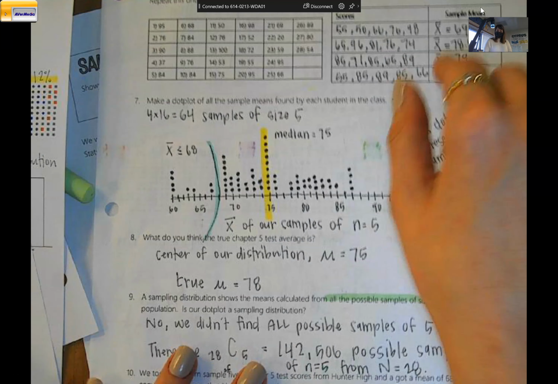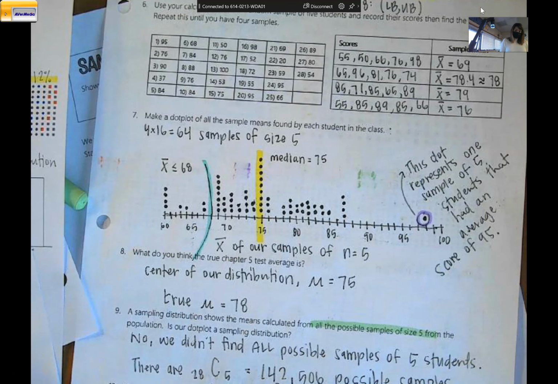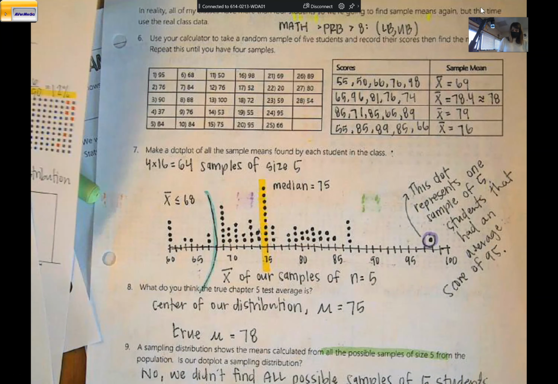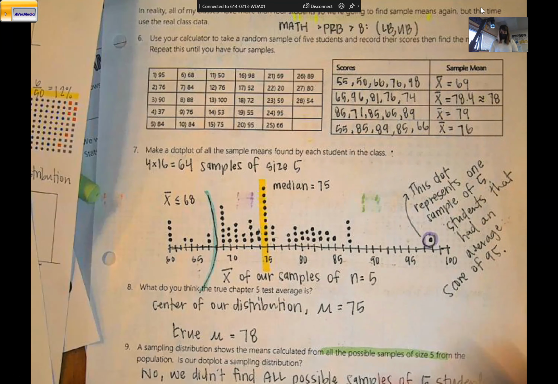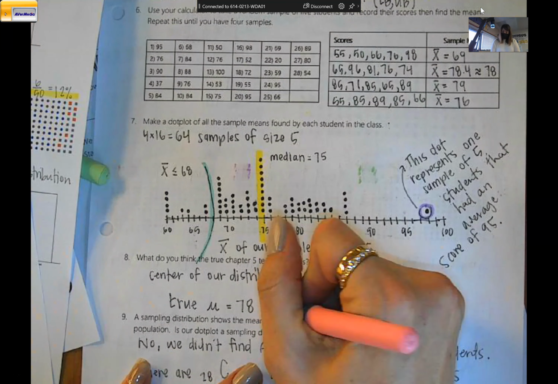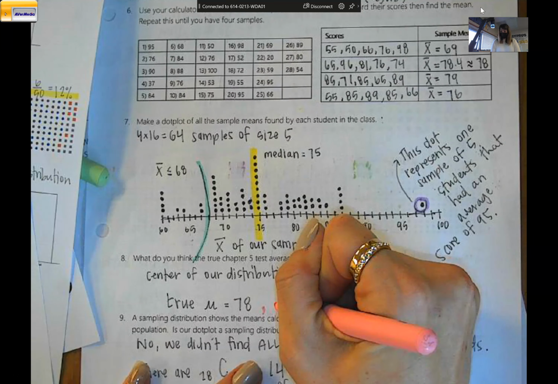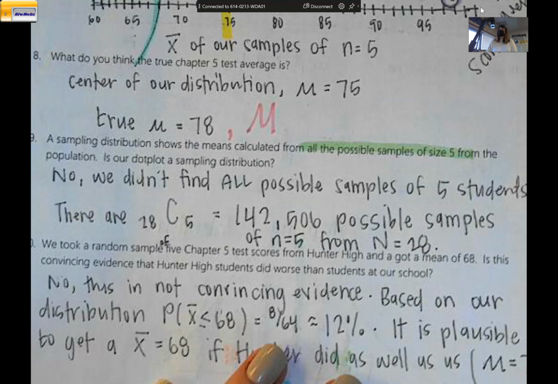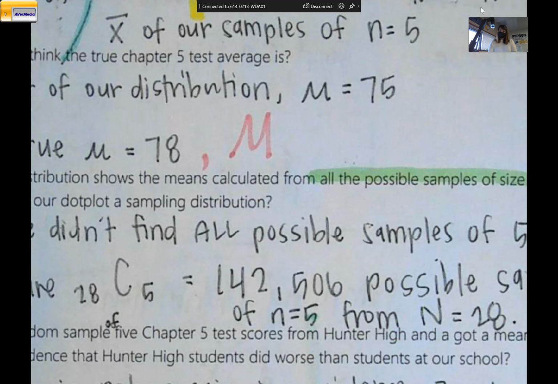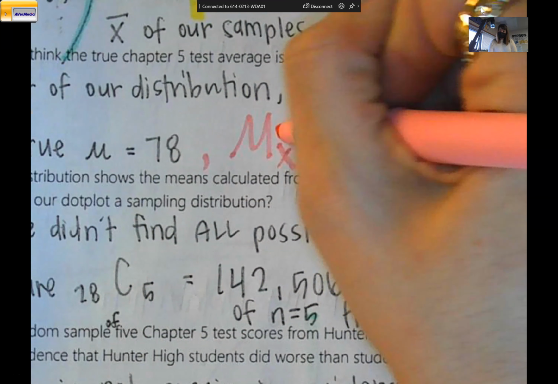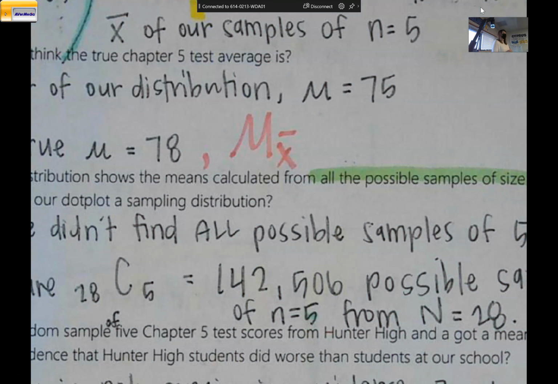So here's how you denote that, because it has a special symbol. It is the mean of your samples. It is the average value of your samples.